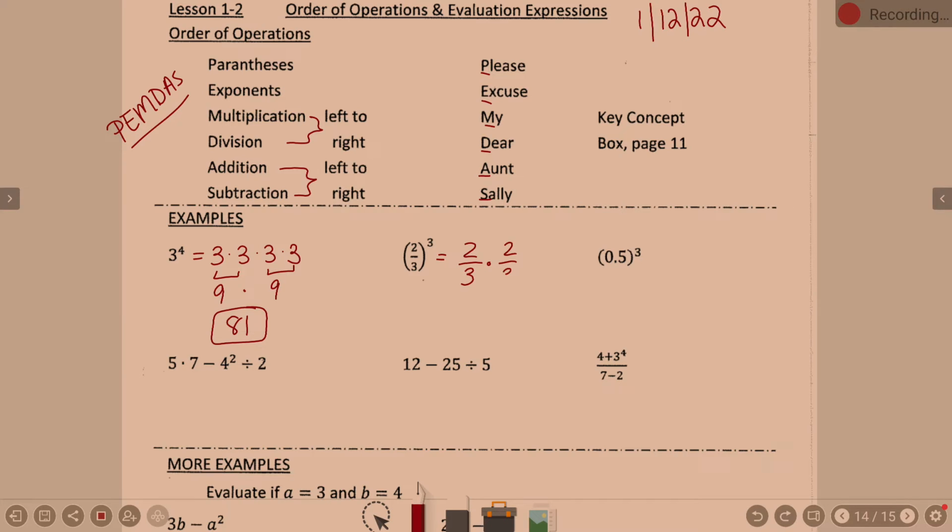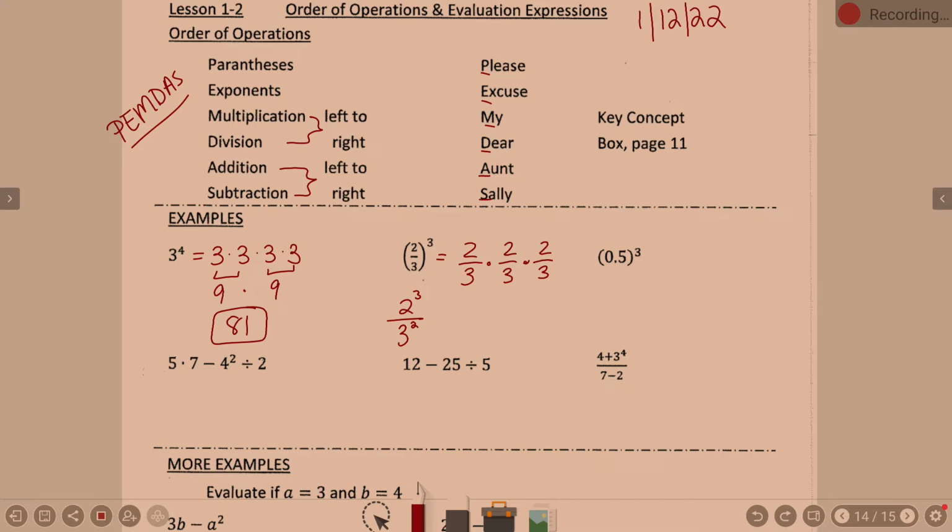You could say, a couple different ways we can think of it. It's 2/3 to the 3rd. One way to think is 2/3 times 2/3 times 2/3. If you prefer, you could also think of it this way, 2 to the 3rd and 3 to the 3rd.